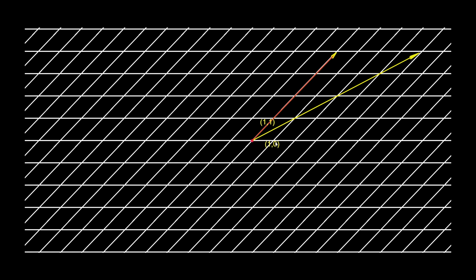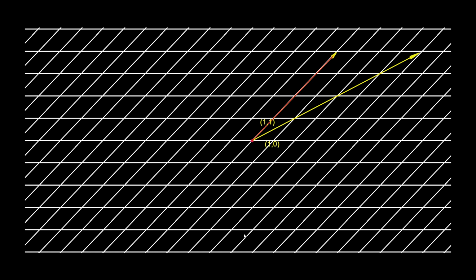But let's also not forget that this vector is now pointing towards 1, comma 1. Remember, my y basis vector was actually 0, comma 1 before. But now my y basis vector is pointing towards 1, comma 1. My x basis vector is still intact, 1, comma 0.